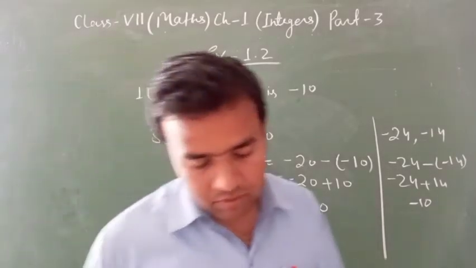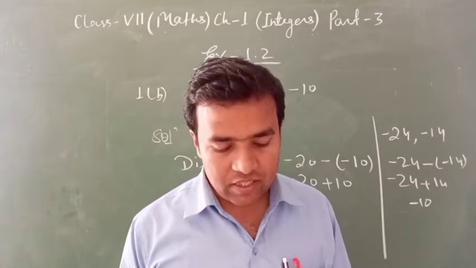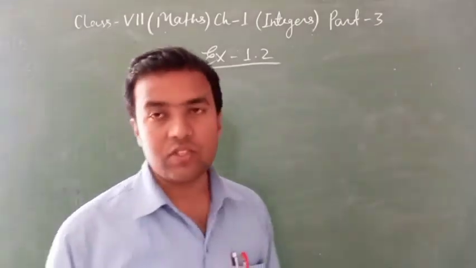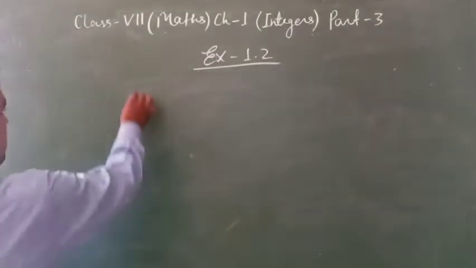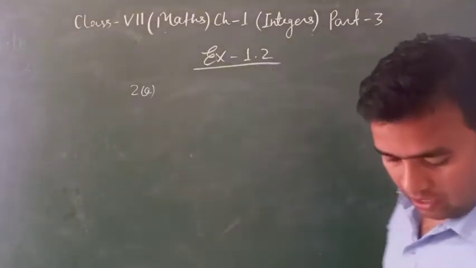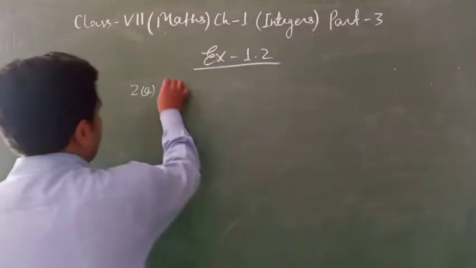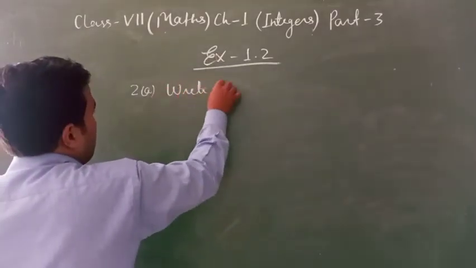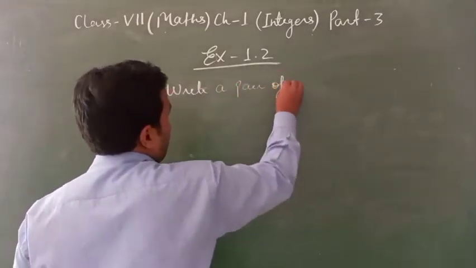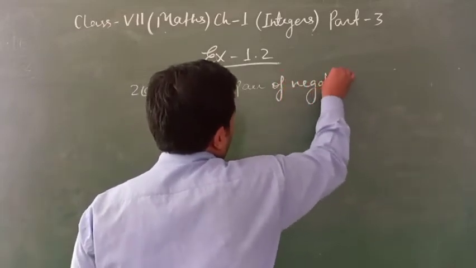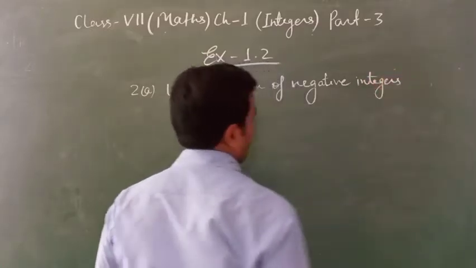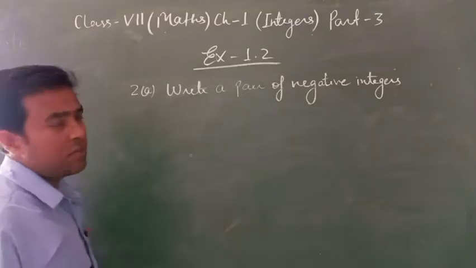Next question, second number. Write a pair of negative integers whose difference gives 8. Note down this, in the second question. Write a pair of negative integers whose difference gives 8.